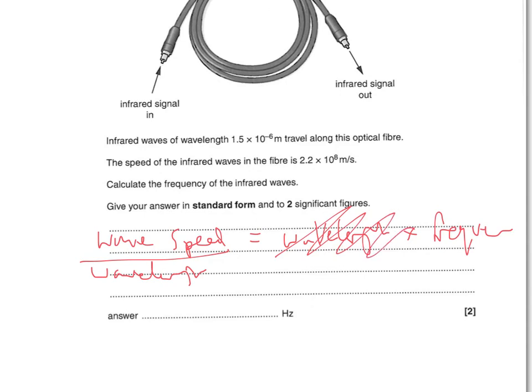So you're going to do 2.2 times 10 to the 8 divided by 1.5 times 10 to the minus 6, and that gives you 1.5 times 10 to the 14. I apologise. There you are. So 2.2 times 10 to the 8 divided by 1.5 times 10 to the minus 6 gives you 1.5 times 10 to the 14.